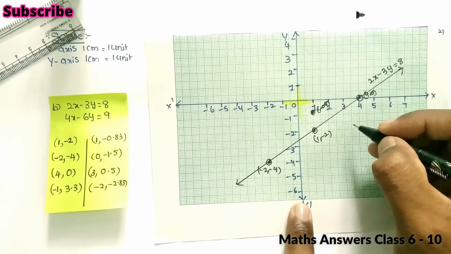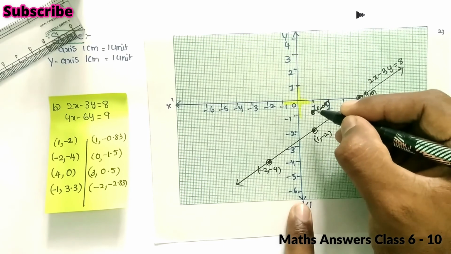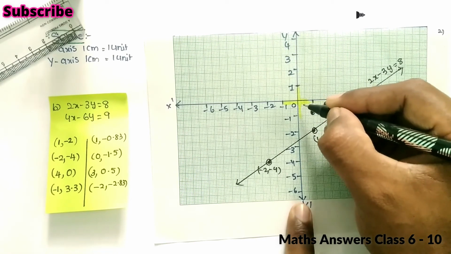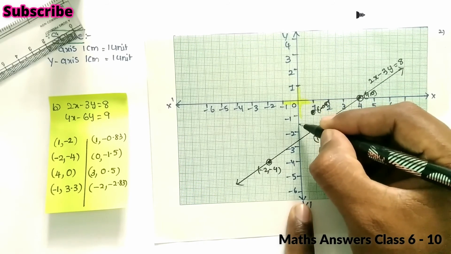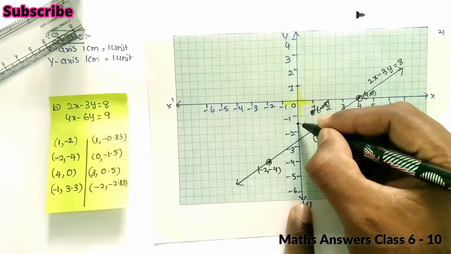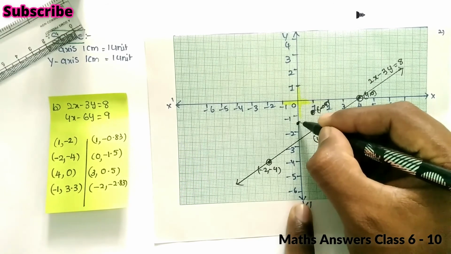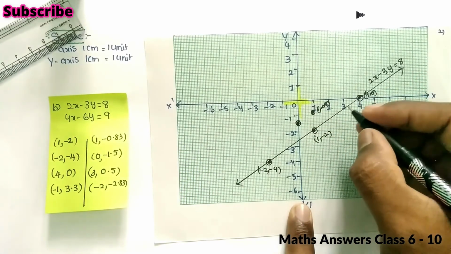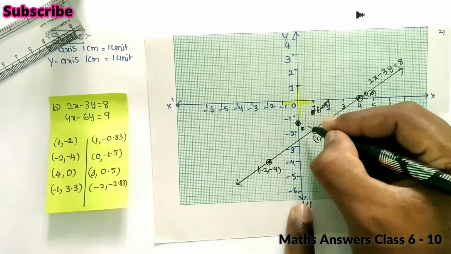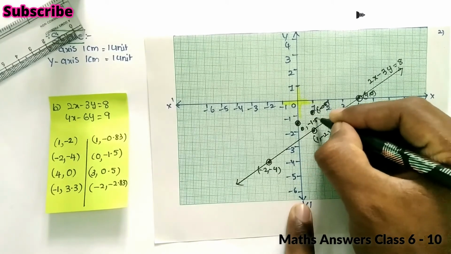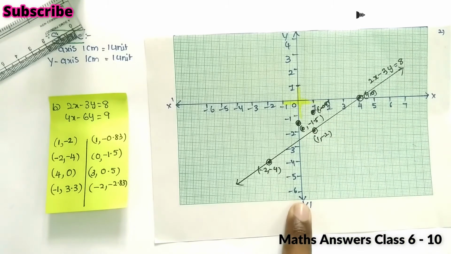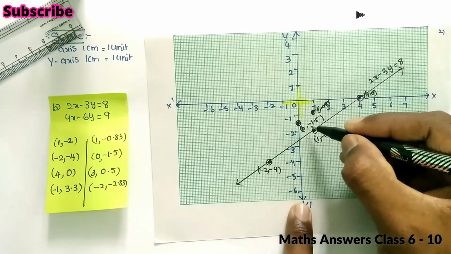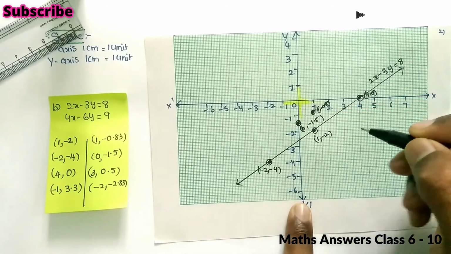Then 0 comma minus 1.5. So x is 0 means on the y-axis. 1.5 means after 1, that is 0.5. So this one is 0 comma minus 1.5. This point is on the y-axis, after minus 1, 5 mm.